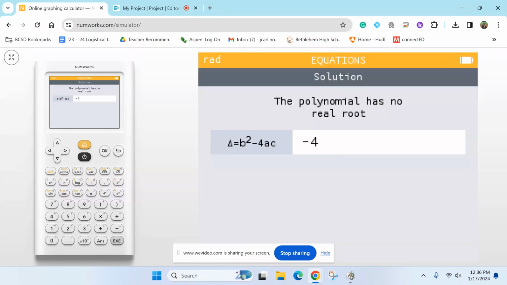Everyone's still going. The polynomial has no real root, right? Everyone's got that still? Okay. Well, if that comes up, we can still find the answer in imaginary form.